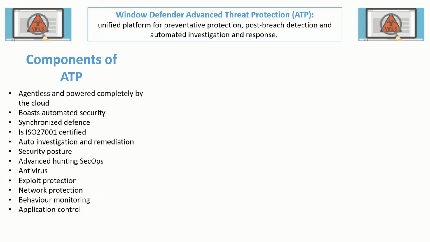It also has synchronized defense by syncing data from exploration and detection across all devices, identities, and information in order to speed up response and recovery. ATP protects endpoints from cyber threats, detects advanced attacks and data breaches, automates security incidents, and provides security posture.